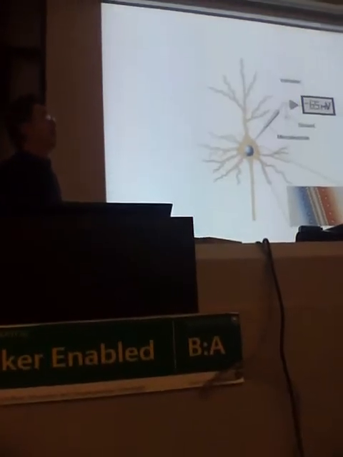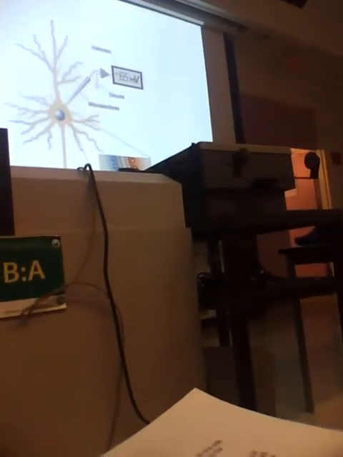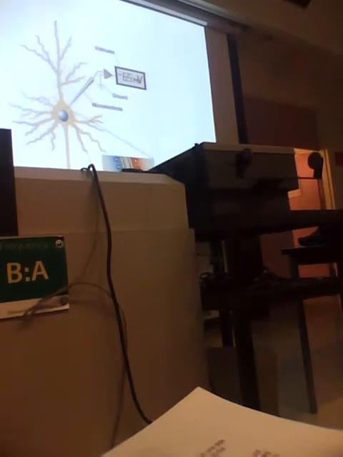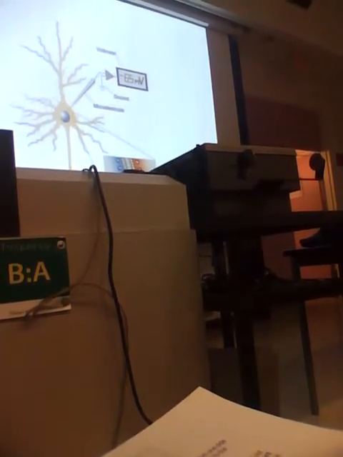Now, if you take a glass microelectrode and you penetrate a single neuron, what you find is that once the tip of the electrode is inside the cell, you will read a highly negative membrane potential, about -65, sometimes as high as -80 millivolts. And this membrane potential is known as the resting potential of the cell.